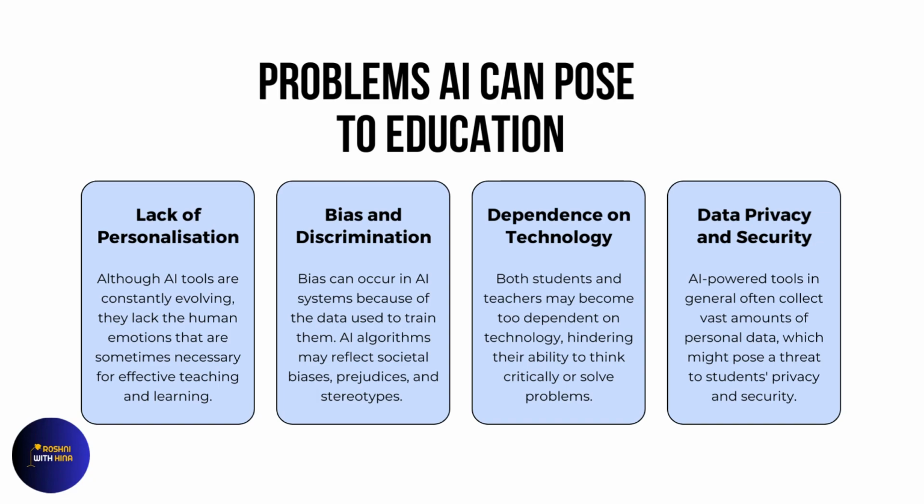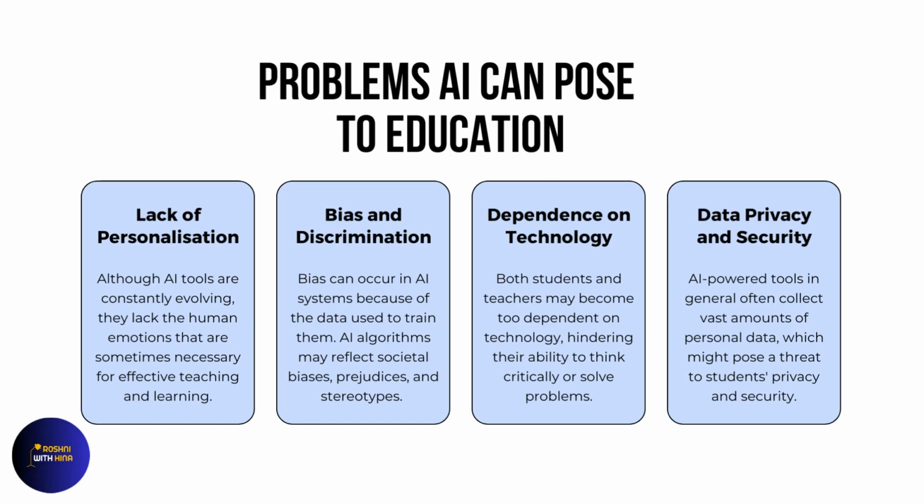Bias and discrimination. Bias can occur in AI systems because of the data used to train them. AI algorithms may reflect societal biases, prejudices, and stereotypes. Dependence on technology.